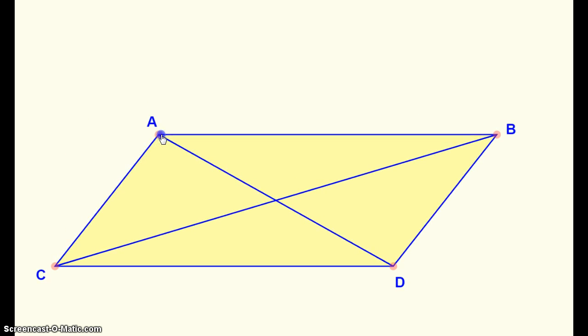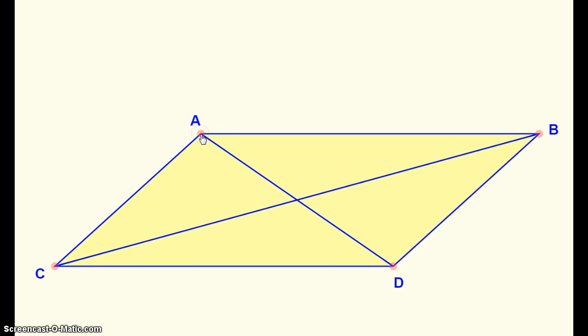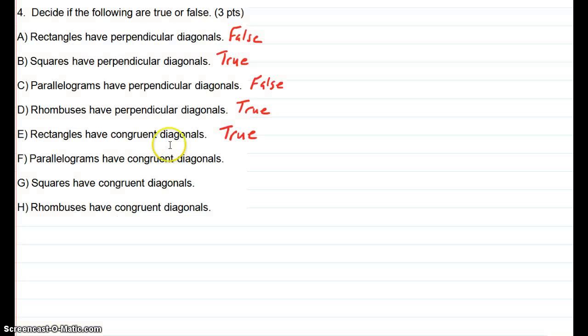B is getting farther away from C. So this is the short diagonal, this is the long diagonal. If I have a short diagonal and a long diagonal, obviously they're not equal. So in a parallelogram, the diagonals are not congruent. So we can go back to our list and put false there.